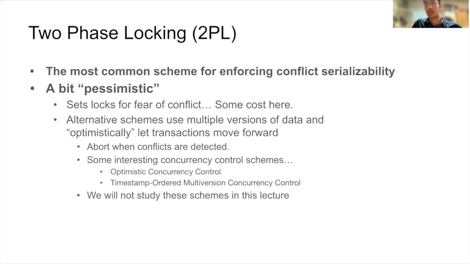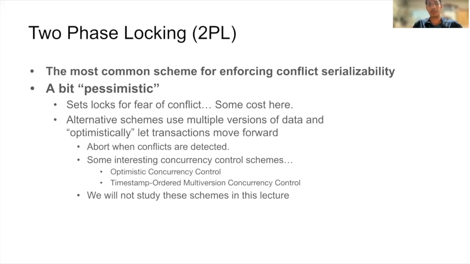We might occasionally do things that may not be as efficient or as fast as we would occasionally be able to get otherwise, but that's okay because we're really just trying to be as conservative as we can, enforce conflict serializability, and set locks for essentially fear of conflicts and for avoiding.